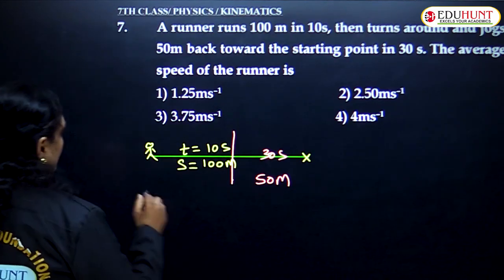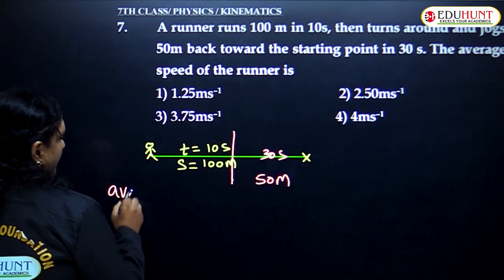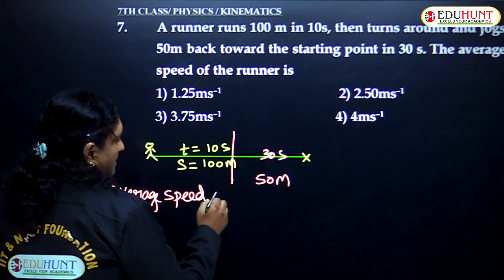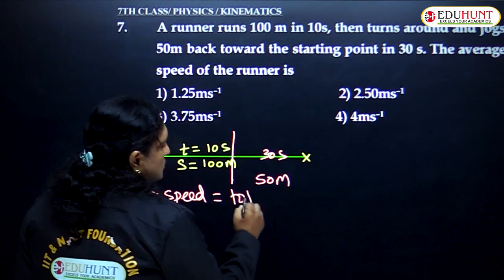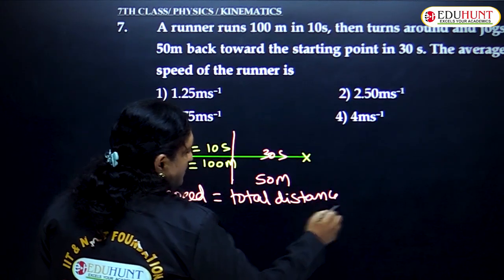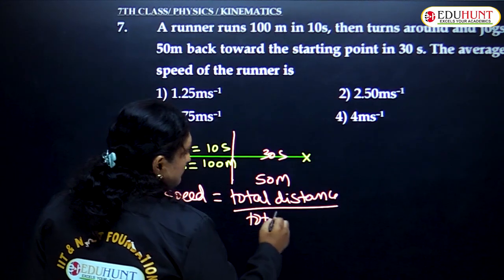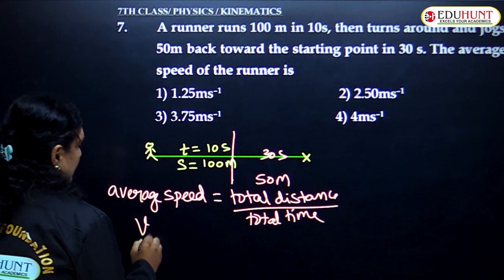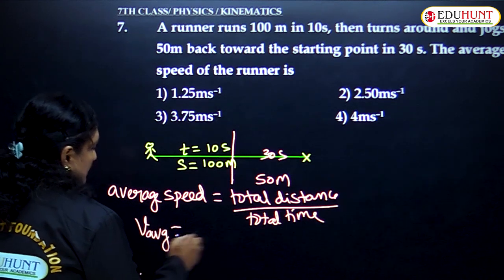Children, I already told you that average speed is equal to total distance by total time. Symbolically, average speed is written like this.